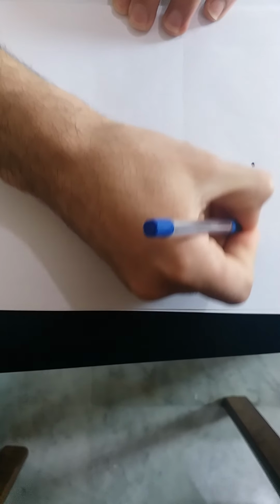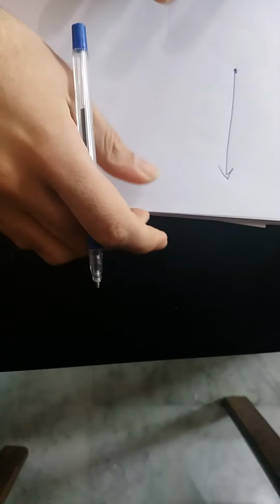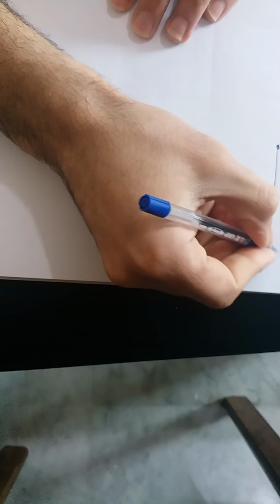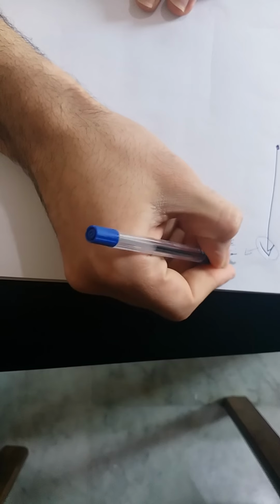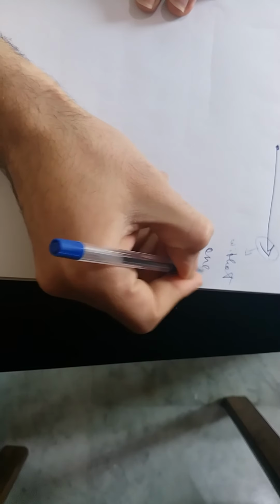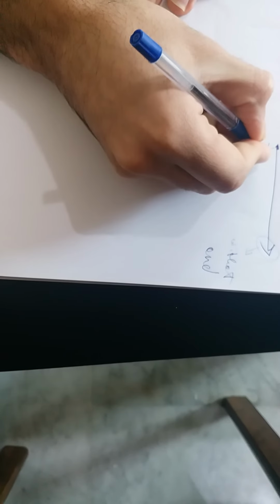Now let's take something like this. Remember, the line has two small arrows. That means it is without end. And if I see this dot, we will have a closed end point.